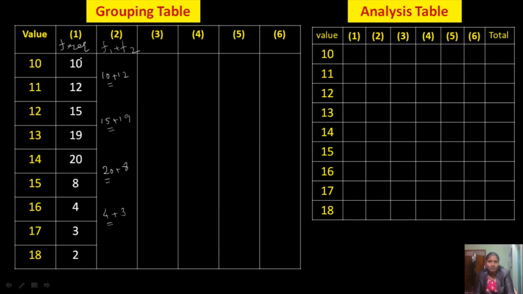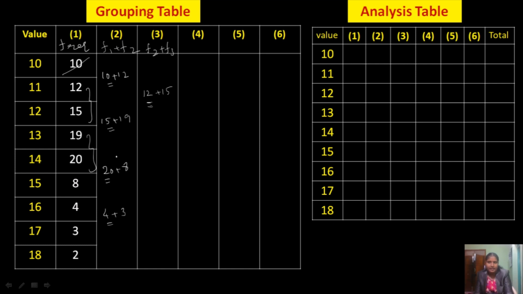On to column 3. In column 3, we omit the first frequency. If you leave the first frequency, let's start with F2. F2 plus F3. That is, add the remaining frequencies in twos. Add 12 plus 15. While you add 12 plus 15, you get some value, and you write it in the center of 12 and 15.